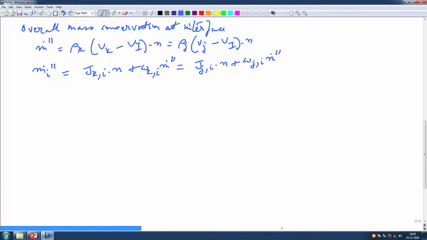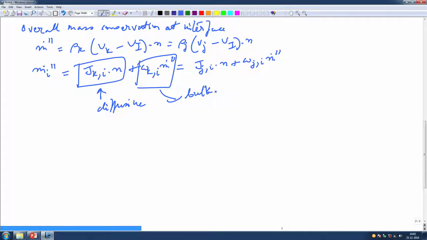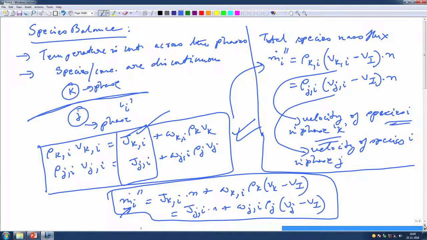So, you can understand that there is a diffusive component and there is a bulk component. This term is the diffusive component and this is more like the bulk component. If you look at this carefully from the previous equations, this term is the diffusion of species I through phase k or through phase j.